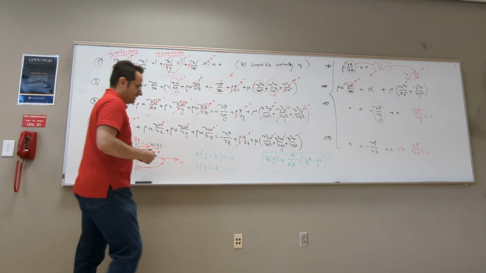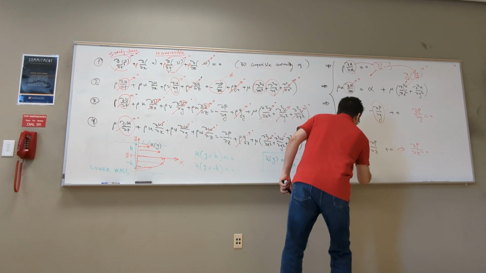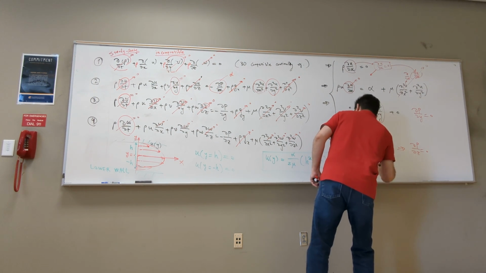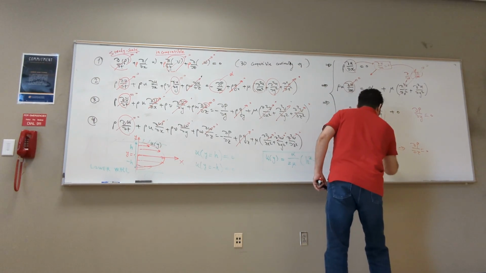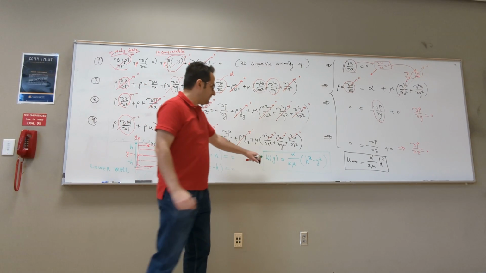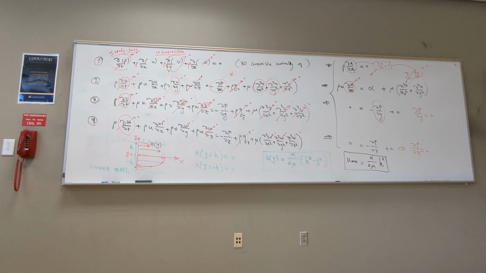You get u max. It happens when y is equal to 0. So you get alpha over 2 mu h squared. That's the velocity at the very center of this pipe, right here.